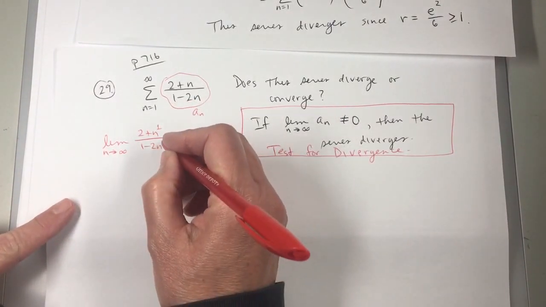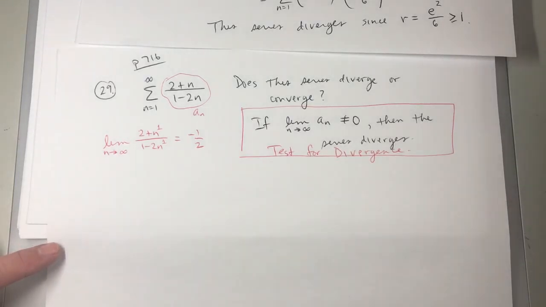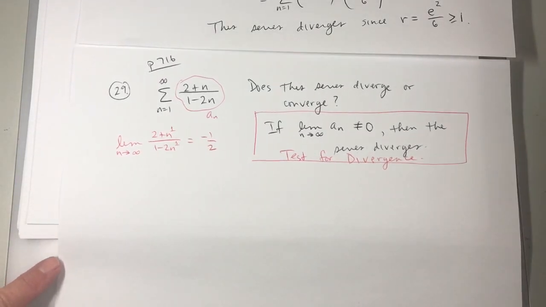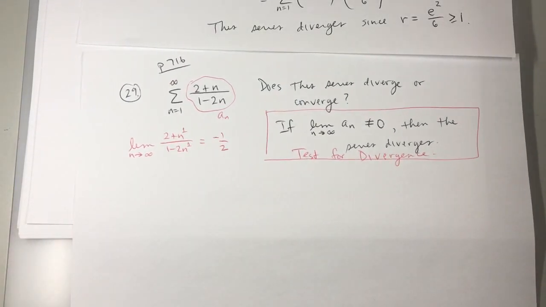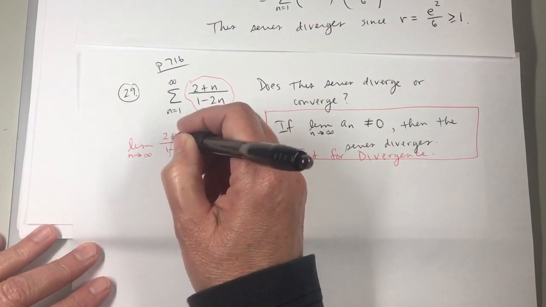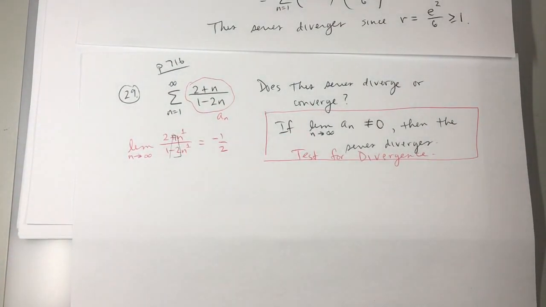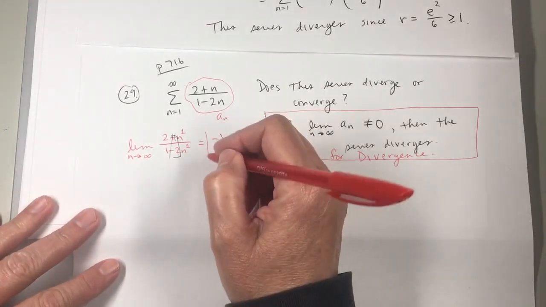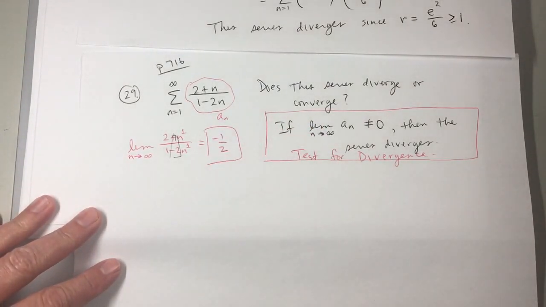The degree of the denominator is 1. Since the degrees are the same, the limit is the leading coefficient over the leading coefficient. Well, that's a 1 in front of n, 1 over negative 2. So that's how I get this limit is negative 1/2.